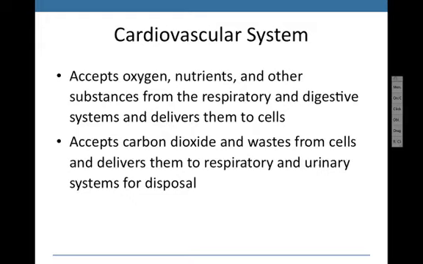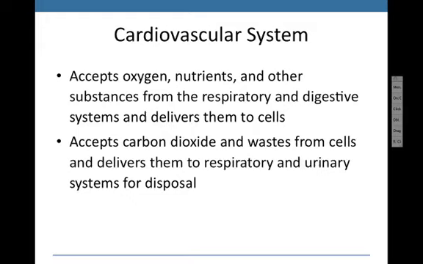So, cardiovascular system. That is actually what we're looking at, how things travel throughout the body and how things get into the blood and then get taken out of the blood. How does the blood do this?